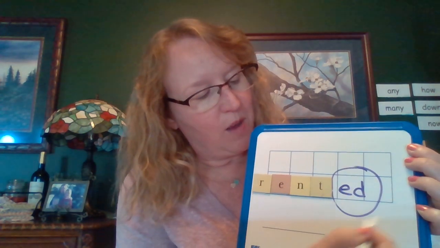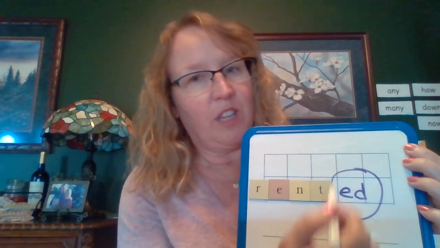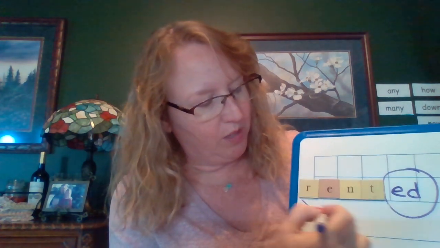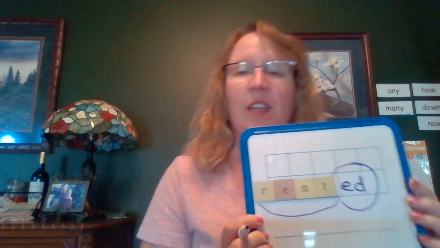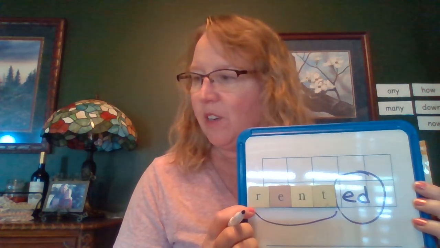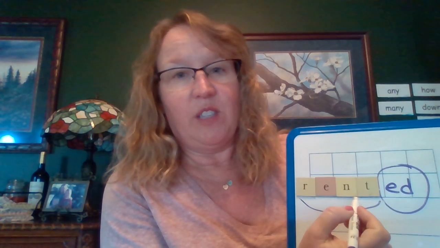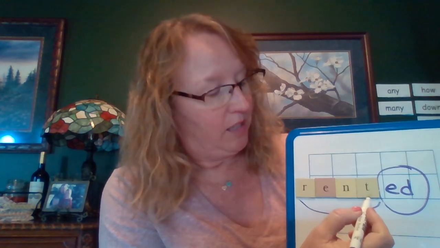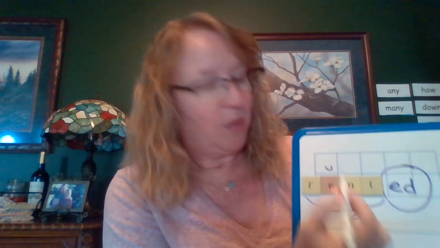So we know that was on a suffix tile, so I'm circling the suffix. In this case, it's ED. And then I'm going to scoop this, right? That's my base word. Well, look, is there anything else we can do looking at this base word? We can. We see one vowel closed in with the two consonants. So we know that this is a closed syllable and that E gets the breath.